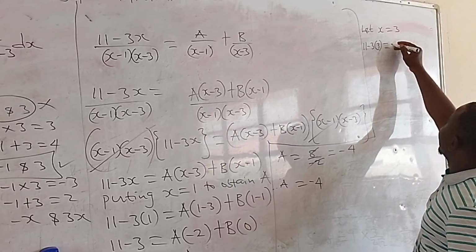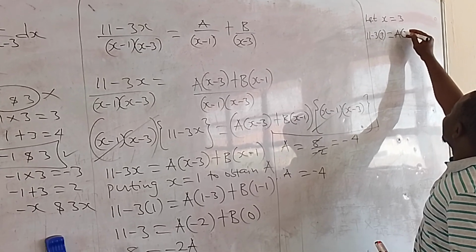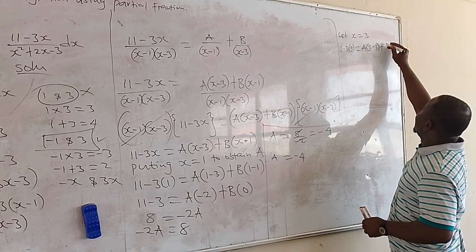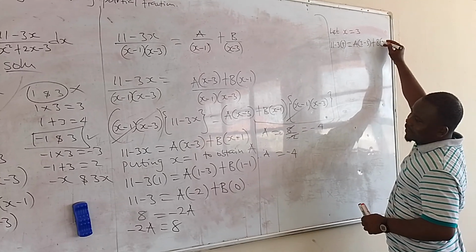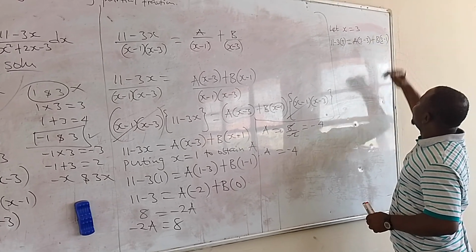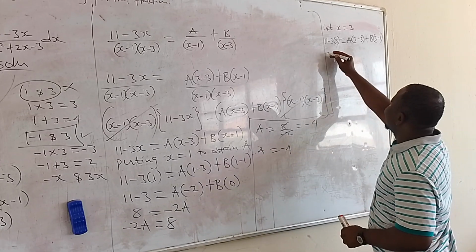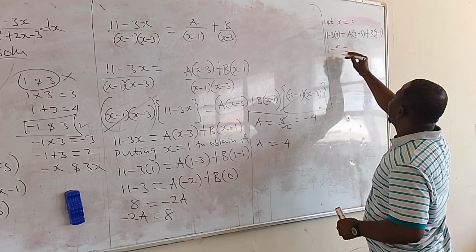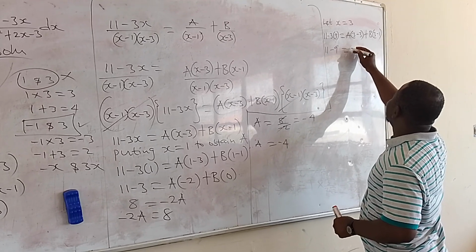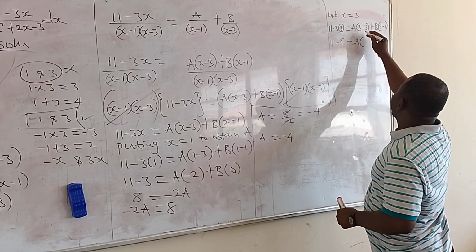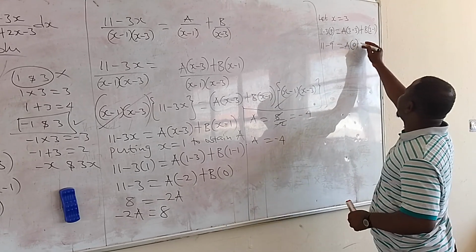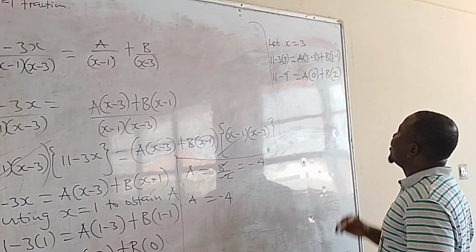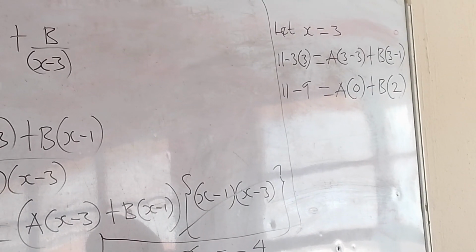Equals to A all in bracket 3 minus 3, so that A will vanish the way B vanished. Then 3 minus 1. So this is 11 minus 3 times 3, 9, equals to A all in bracket 0, plus B all in bracket 3 minus 1 is 2. True or false?